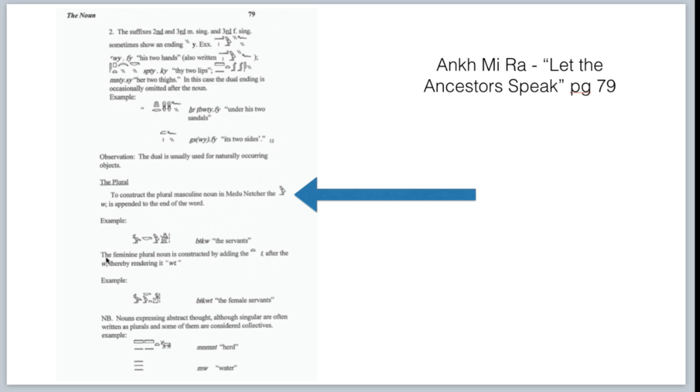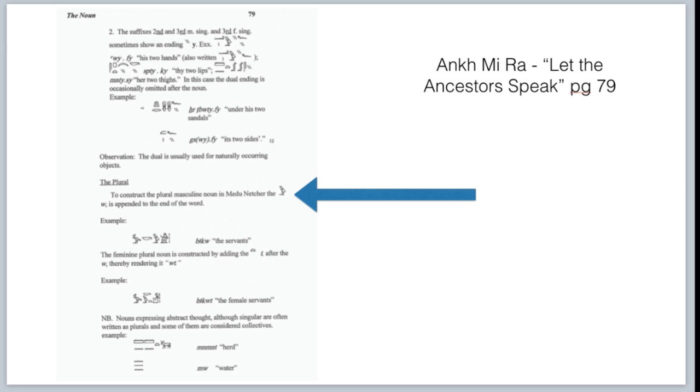He goes on to say the feminine plural is constructed by adding the T after the W, thereby rendering it WT. Gives an example, Bakwet, female servants. Full spelling. All right. So Ankh Ra is in agreement. All right.